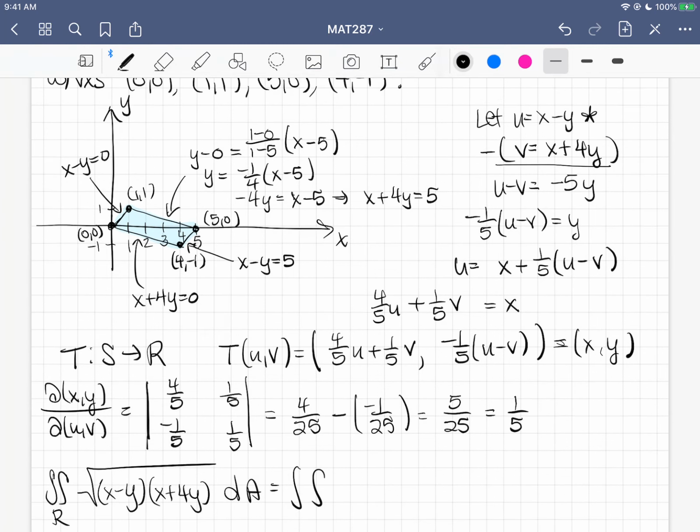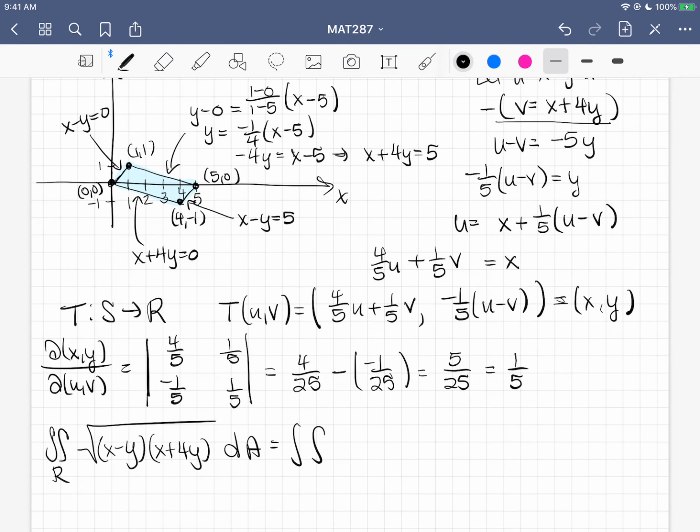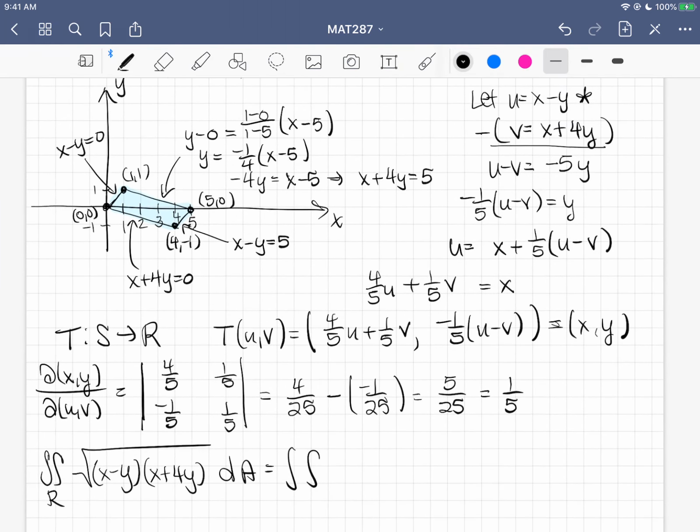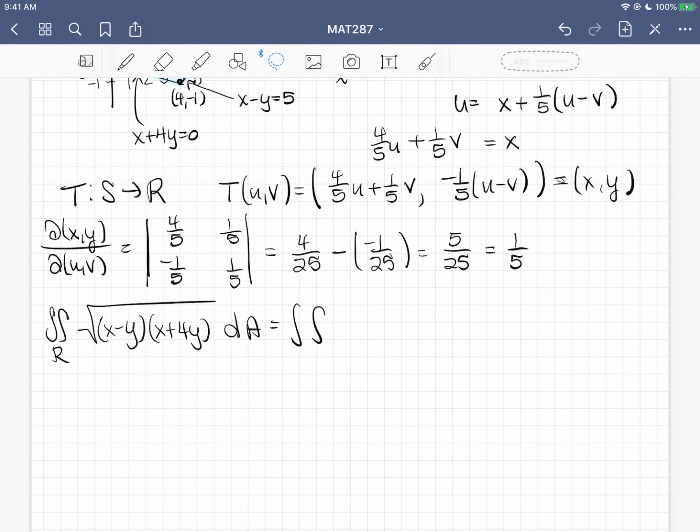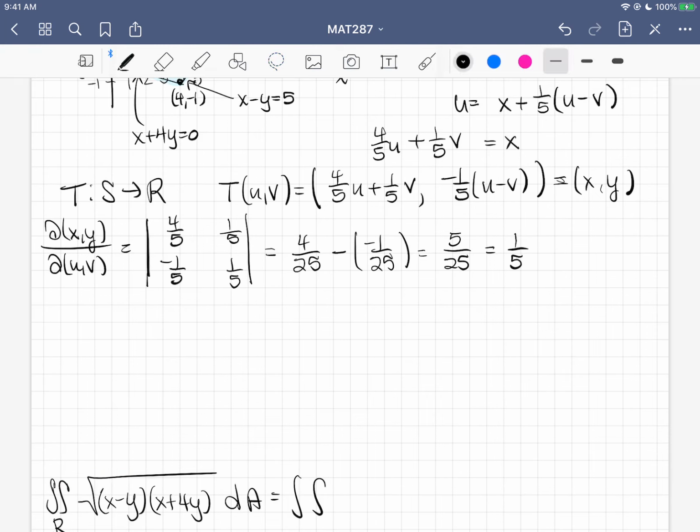Whoops, we forgot to say what our boundaries were, so let's squeeze that in. So boundary in the xy plane versus boundary in the uv plane.